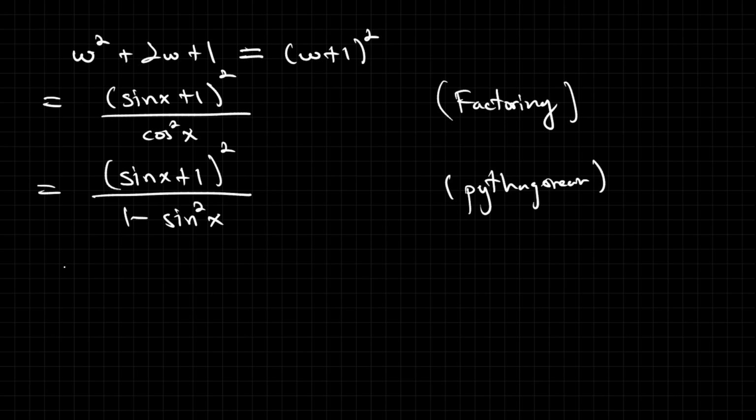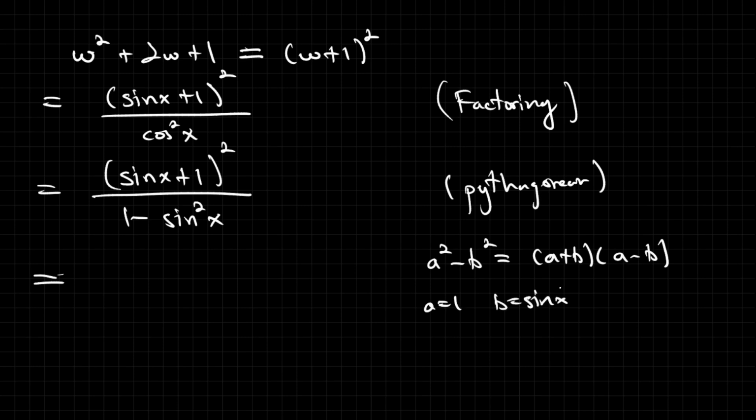And now all that's left to do is I see in the denominator I have a difference of squares. 1 minus sin squared is a difference of squares, and you can factor a difference of squares as (a + b)(a - b). So in this case, a is equal to 1 and b is equal to sine x.